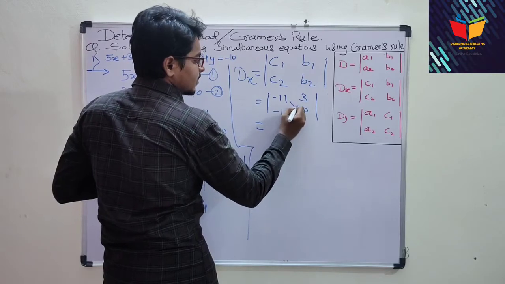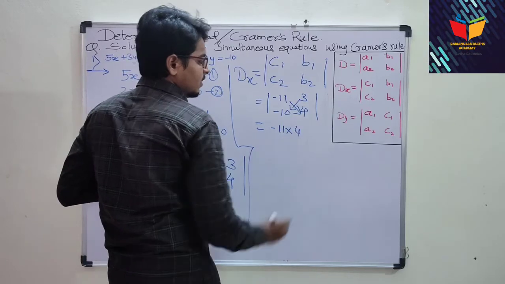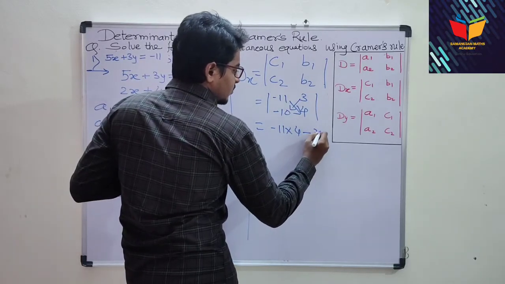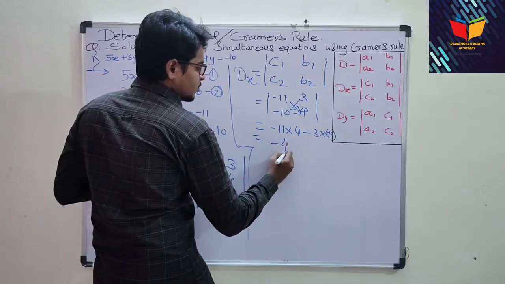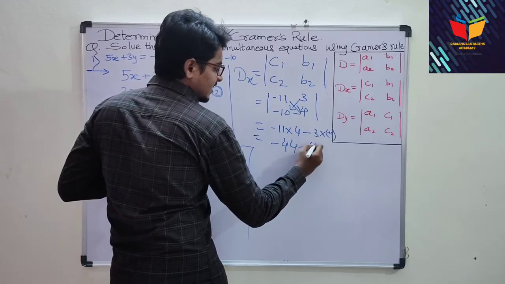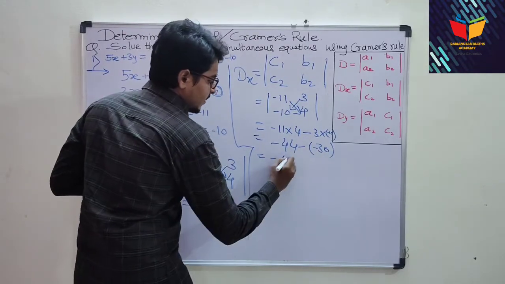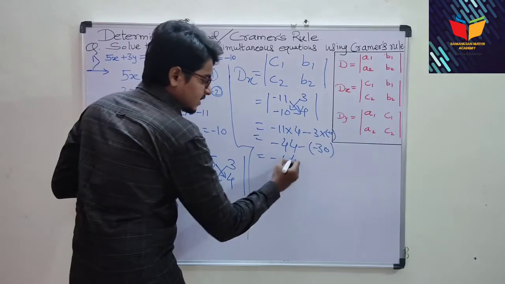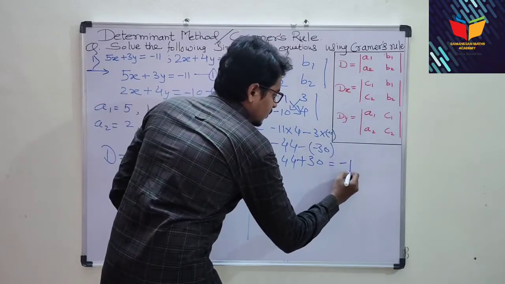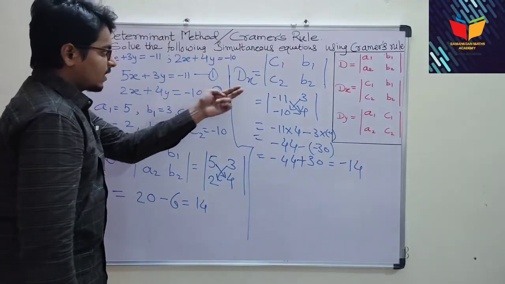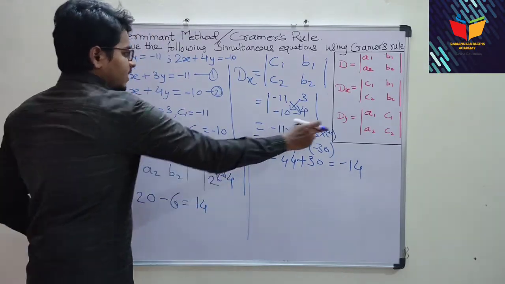Now multiplication: minus 11 into 4, minus of 3 into minus 10, which is equal to minus 44 minus of minus 30, minus minus gives plus, so minus 44 plus 30, which is equal to minus 14. Now we got our second value, that is dx is minus 14. Now we have to find the value of dy here.